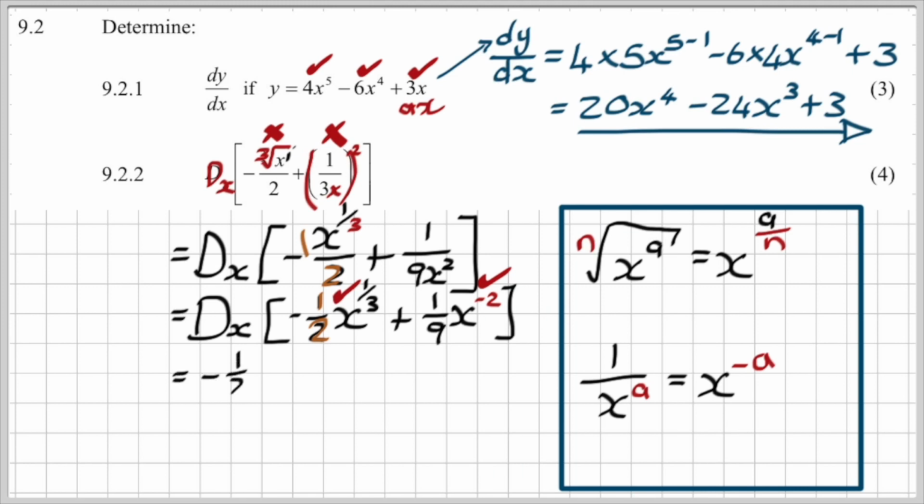That means that I can apply the derivative rule for the first one. So the third comes to the front, and I subtract 1 at the exponent. As well as at the second expression, I multiply by the negative 2, and I subtract 1 at the exponent. You don't have to write this part in.